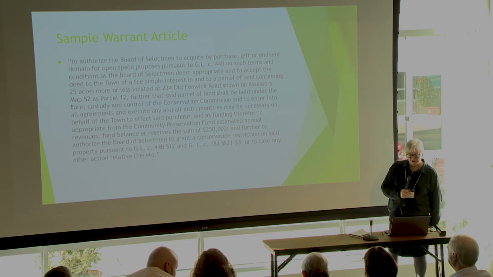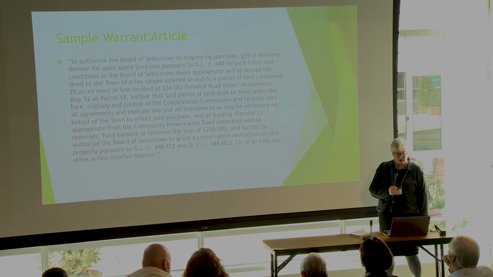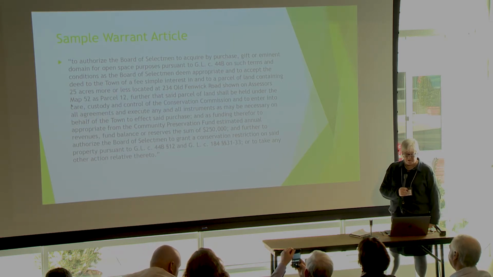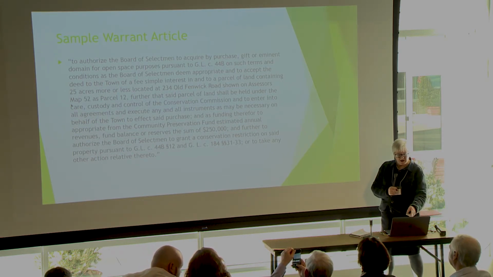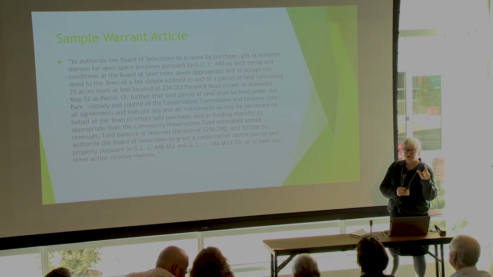And this would authorize the selectmen to sign any kind of management agreement, a restriction, execute any documents that are necessary for that purchase. And then we've appropriated money from the Community Preservation Fund. In some instances, we'll say in these warrant articles which dedicated fund we're taking the money from.